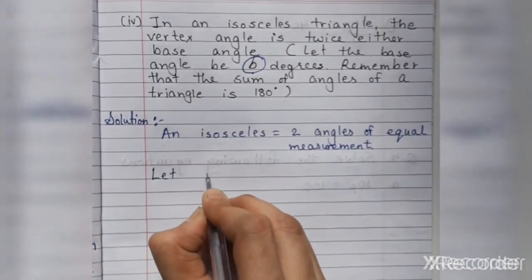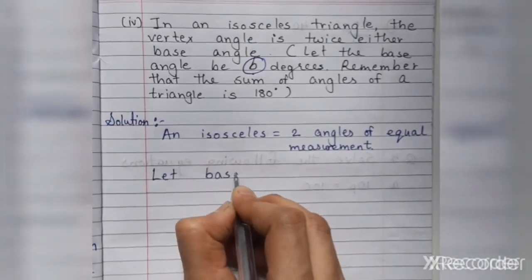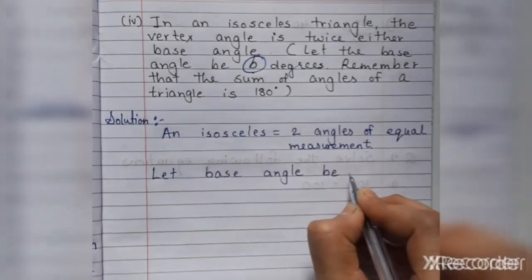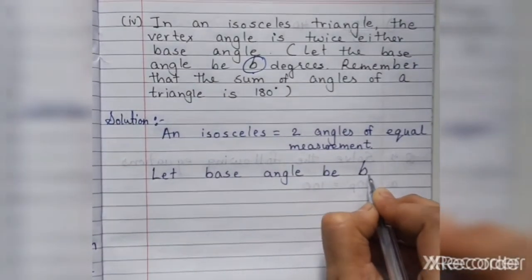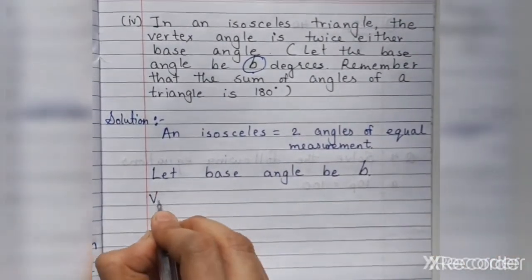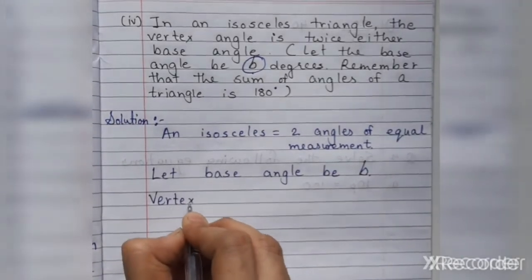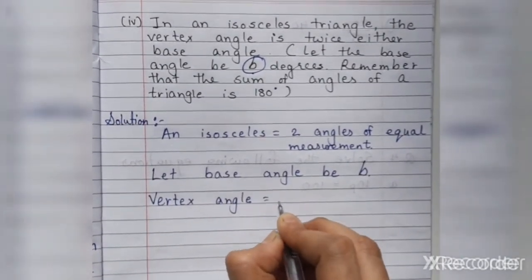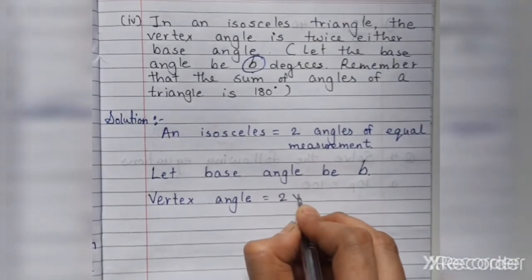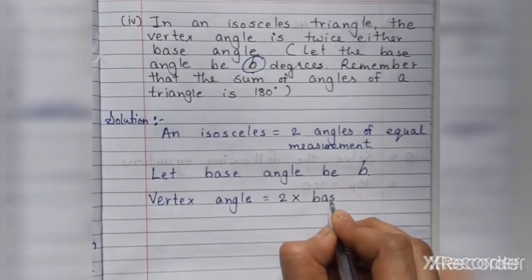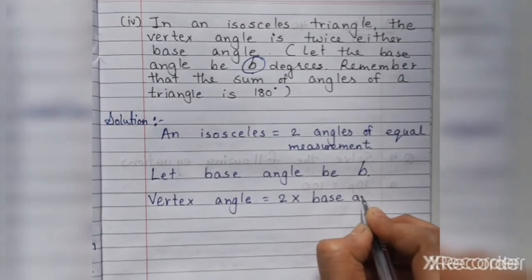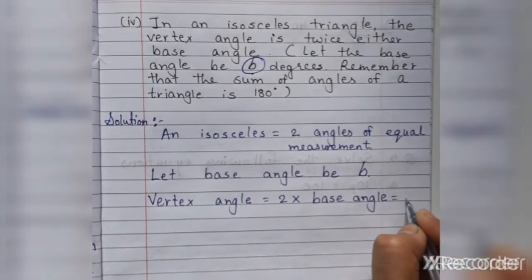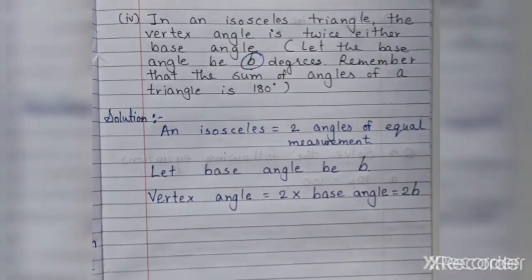Let base angle be B. Vertex angle is twice, means double than base angle. So what will be the answer? 2B.